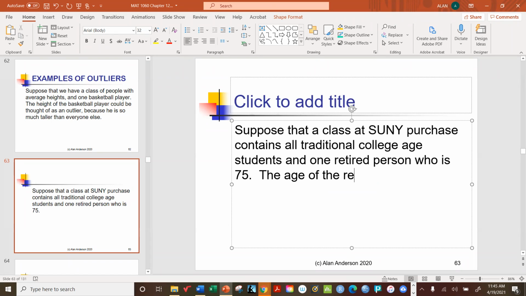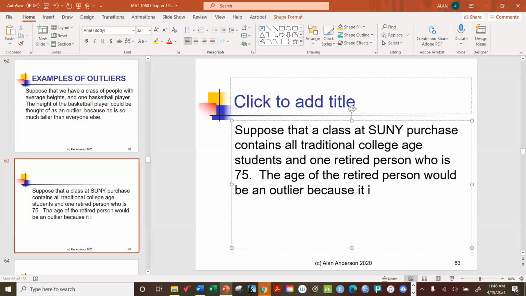The age of the retired person would be an outlier in this class. So everyone's like 18, 19, 20, and all of a sudden there's somebody in the room who's 75. The age of the retired person would be an outlier. Yes, that's right, because it is significantly larger than the rest of the class.